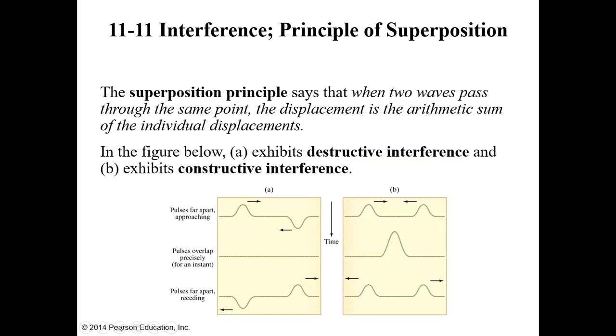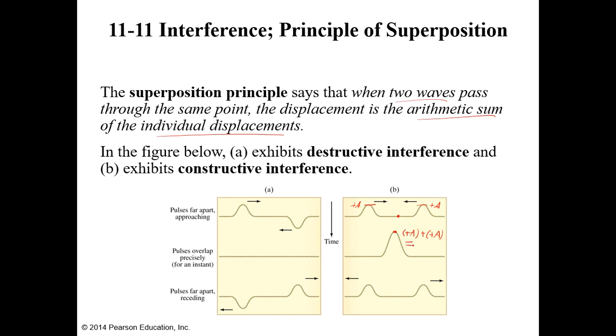But here's an example of the opposite, where you have two crests moving towards each other. Incidentally, you would get the exact same thing if you had two troughs moving towards each other. If this crest has an amplitude of plus A and this crest has an amplitude of plus A, then when they meet at the center, you're going to have an amplitude of positive A plus positive A. And we know from the superposition principle that two waves add as the arithmetic sum of the individual displacements.